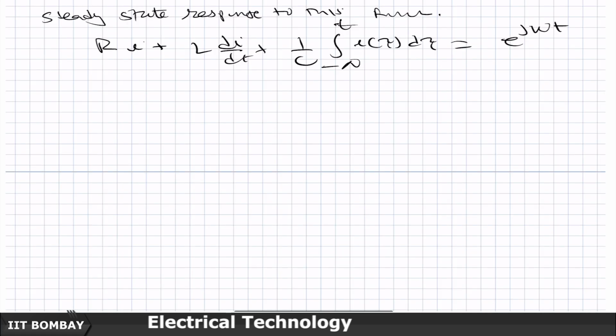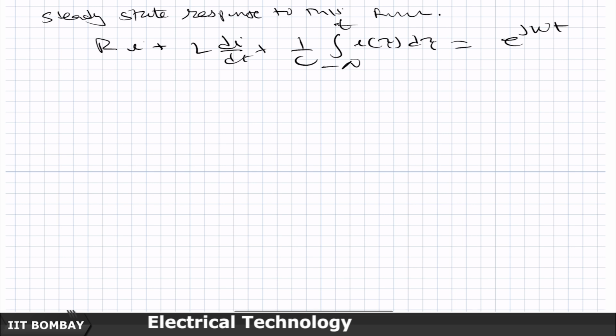because a complex exponential, when we take its derivative, gives some constant, the imaginary number j omega, times again e to the power j omega t, and similarly when I integrate the complex exponential e to the power j omega t, it is 1 by j omega into e to the power j omega t.